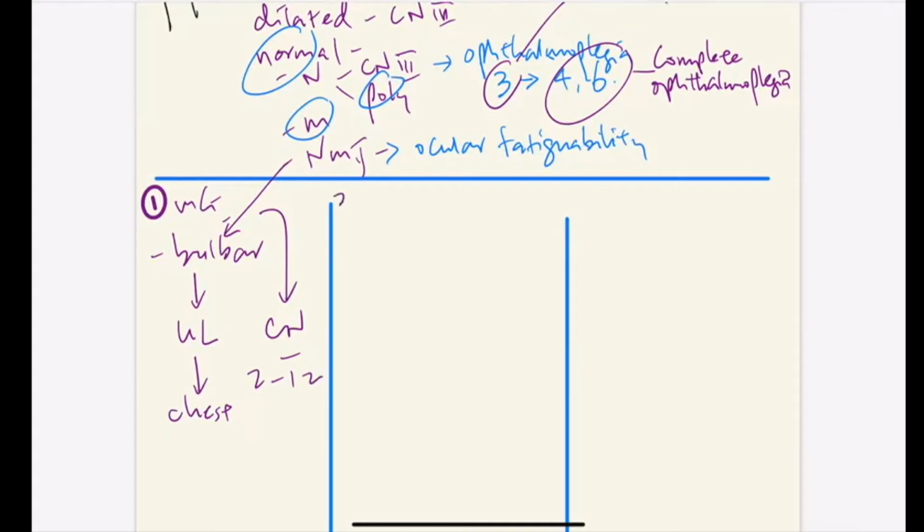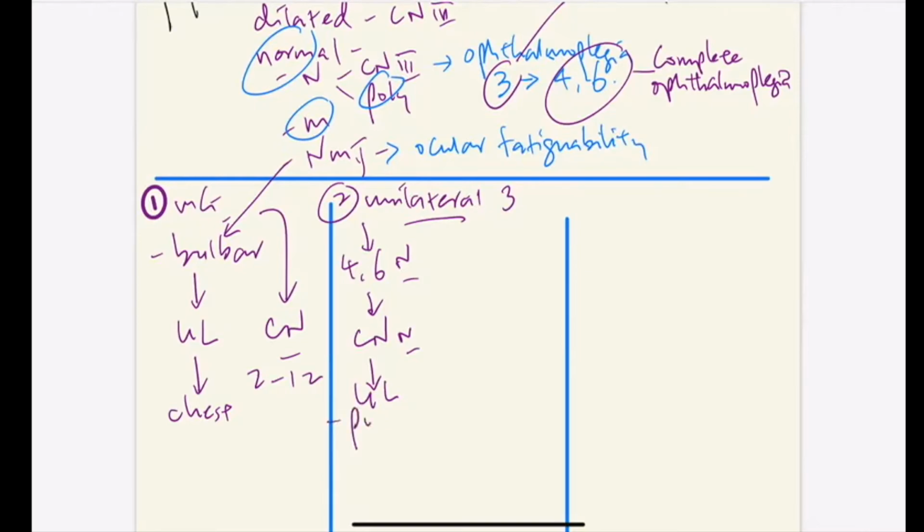The second scenario will be unilateral third nerve palsy. All right. And you examine the 4th and 6th, which were normal. What you should do next is to examine the cranial nerves. And if they are all normal as well, then you should examine the upper limb for power and cerebellar signs.